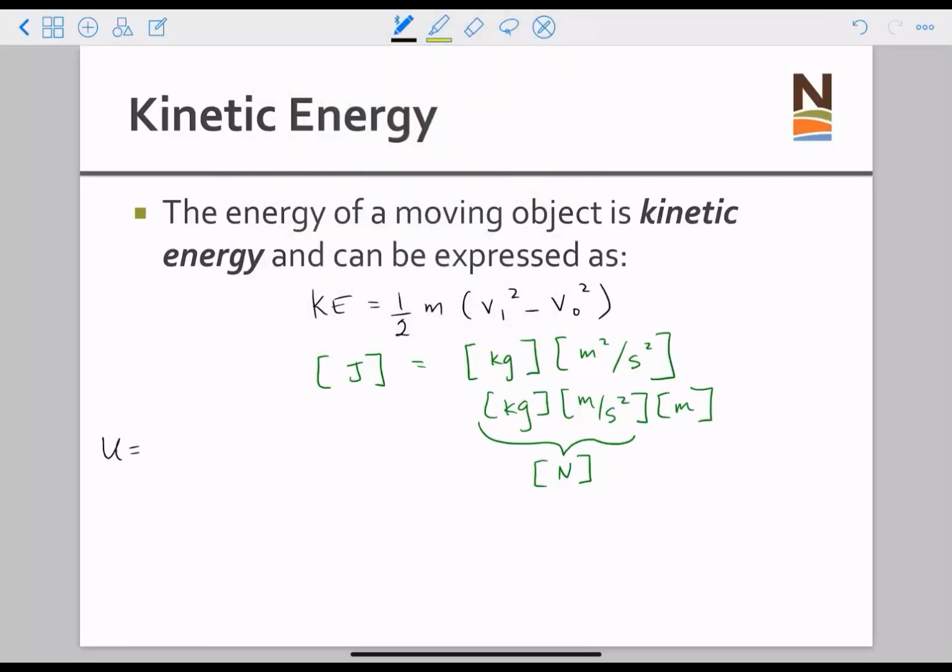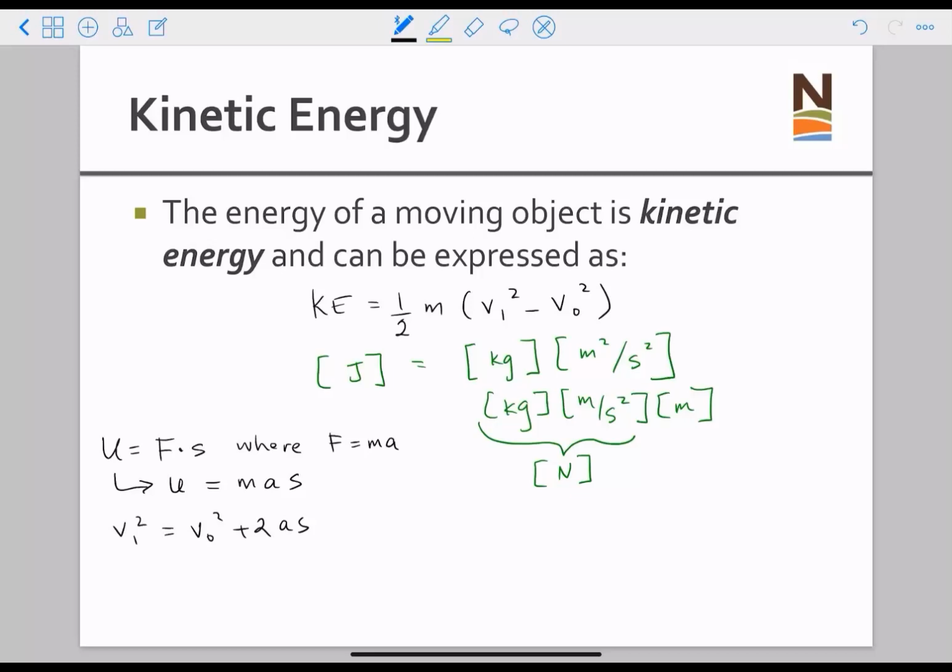U is equal to, that's our work, equal to a force times a distance in general, right? Where F is equal to ma. So that means U is equal to mas. If we go back to our equations of motion, we remember that one of them is v1 squared equal to v naught squared plus 2as.